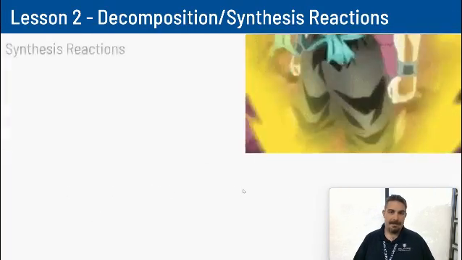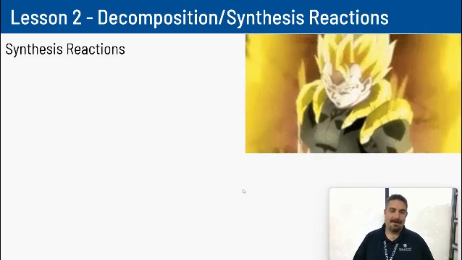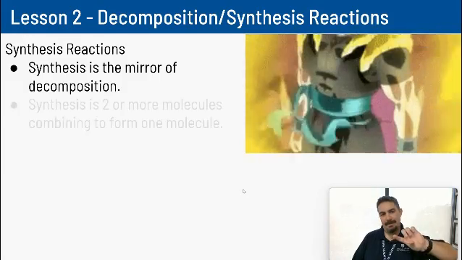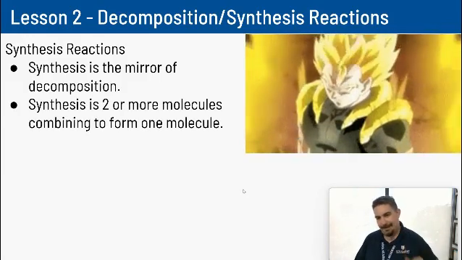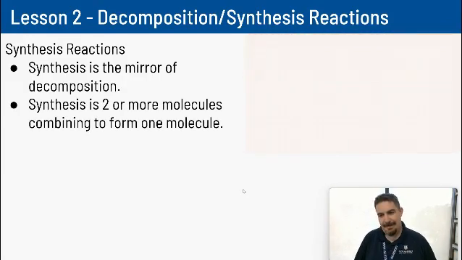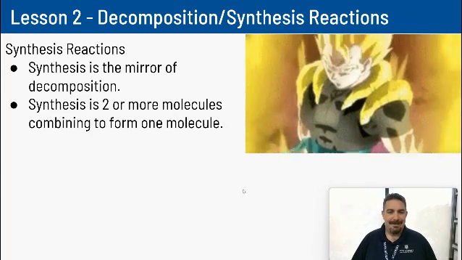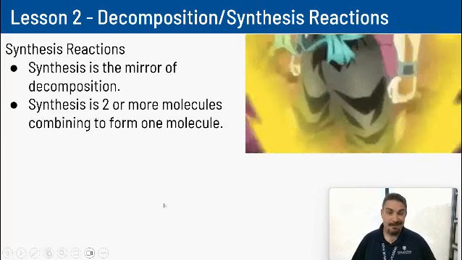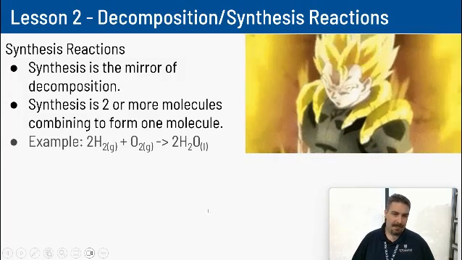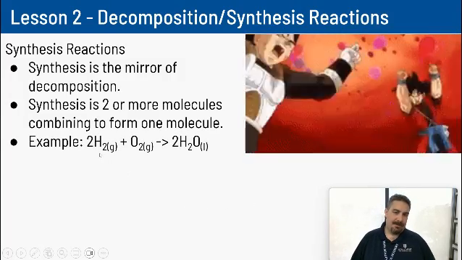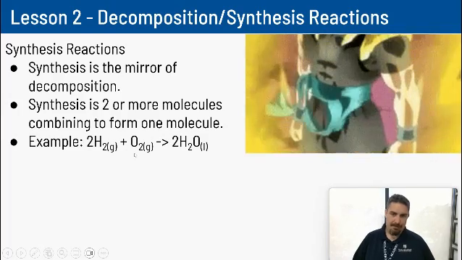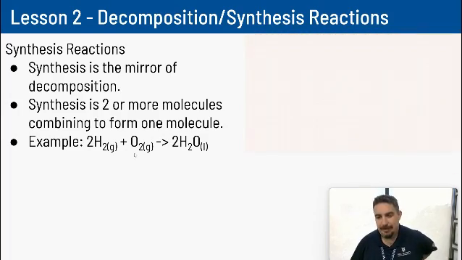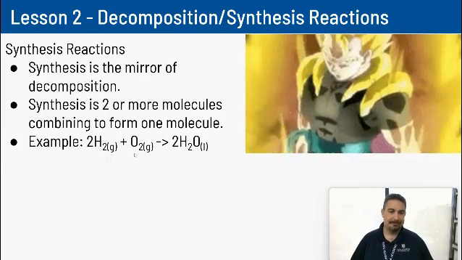Now, our next kind of reaction we're talking about is a synthesis reaction. It's a mirror of decomposition. It's kind of the reverse of it, the flip of it. And it's like Vegeta and Goku here forming Gogeta, where it's the synthesis of two or more molecules combining to form one molecule. Example here is hydrogen plus oxygen turning back into water, which is what we saw when you have the hydrogen go pop, right?